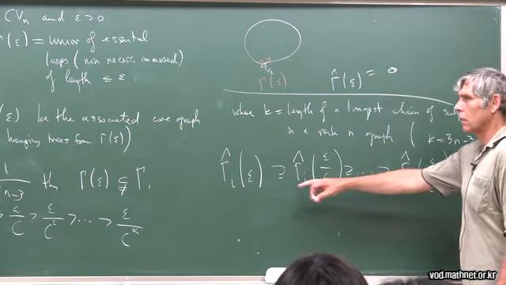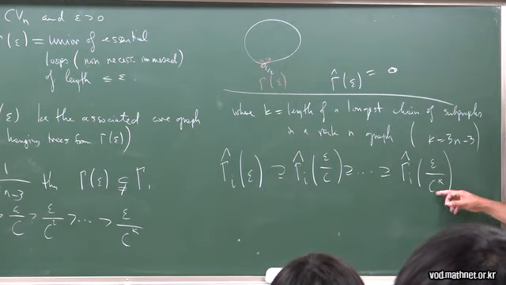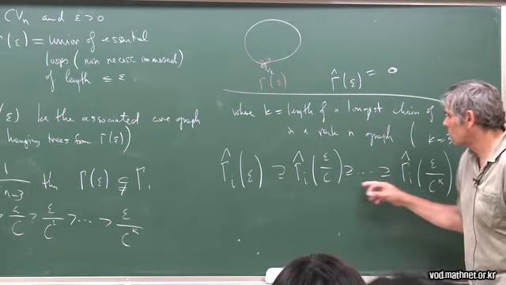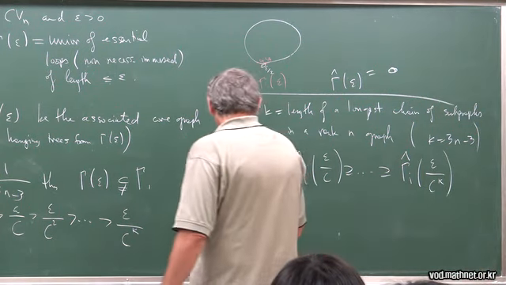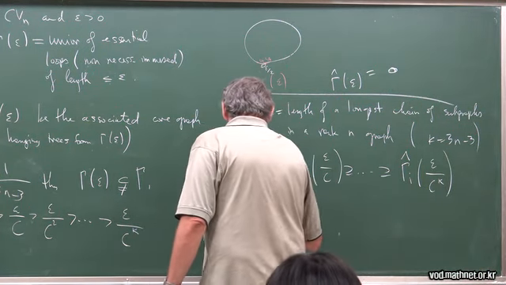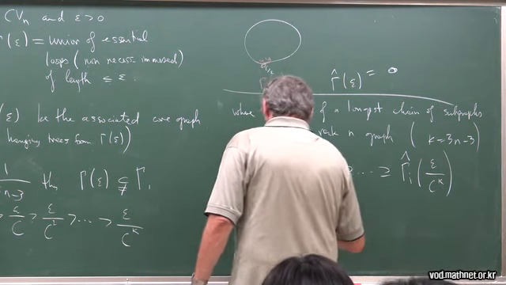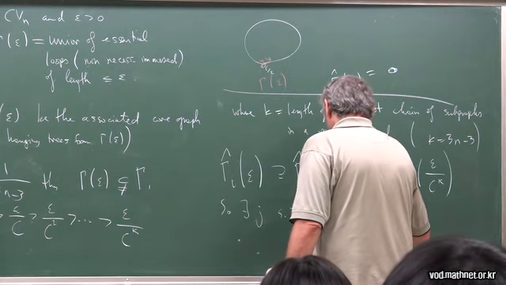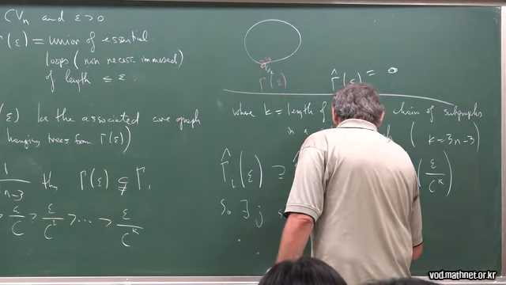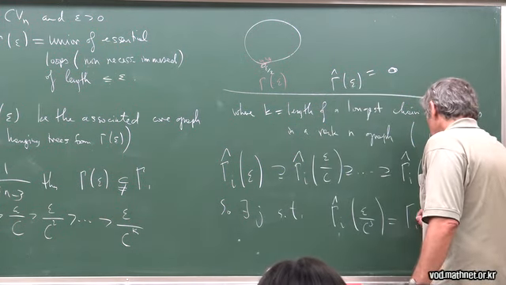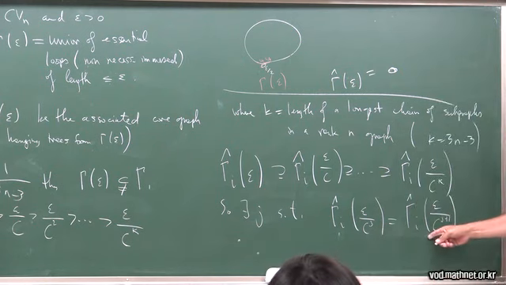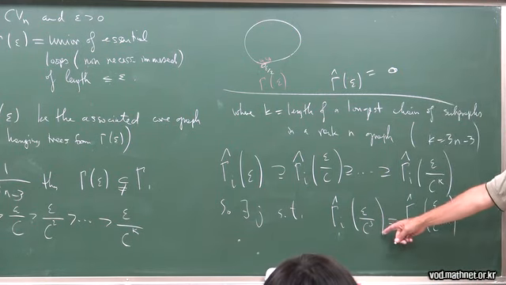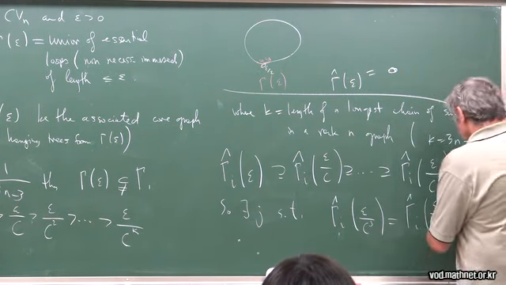Okay, so this is now a chain of subgraphs, and its length is k. So that means that there has to be equality somewhere. So there exists a j so that gamma I hat of epsilon over c to the j is equal to gamma I hat of epsilon over c to the j plus 1. So this is the desired gap in the scales. We have different scales, but there's a gap between this scale and this scale.